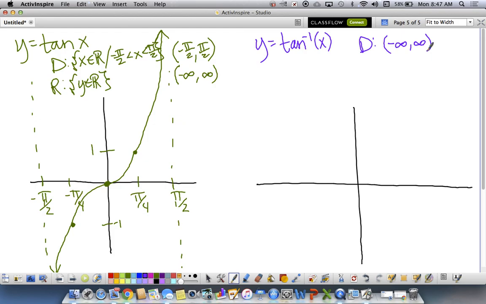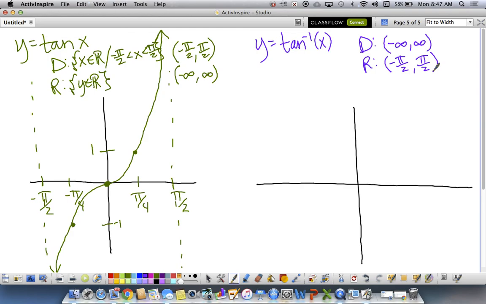What is the range? If we're doing it in interval notation, then we would just use parentheses. The set of y is the set of all real numbers. Negative pi over 2 to pi over 2.